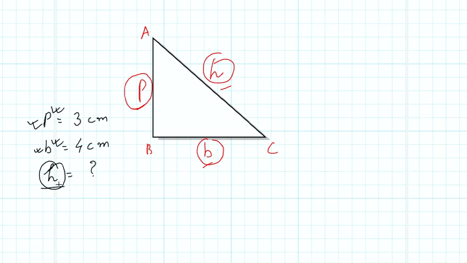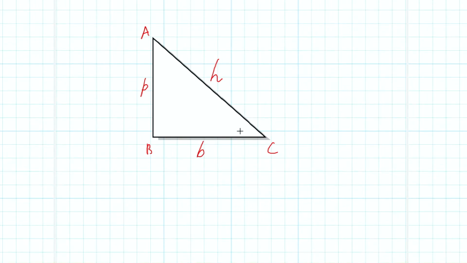Is there any formula? So the answer is yes, there is a formula with the help of which we can calculate the third side of a right angle triangle by using the two sides. So what's that formula? In today's topic we are going to learn about that formula, and that formula is known as Pythagoras.